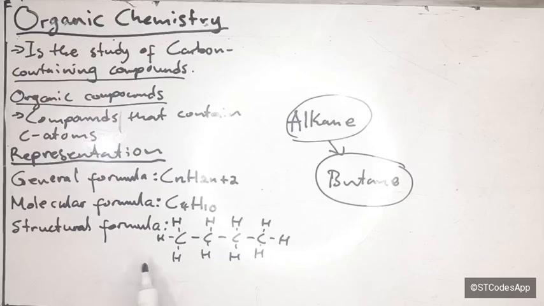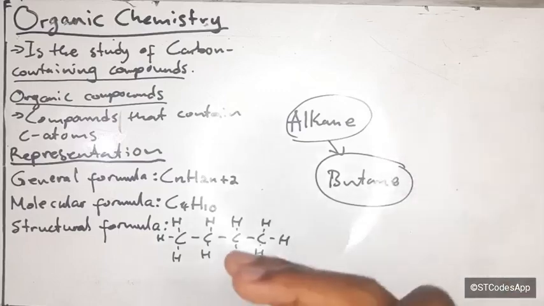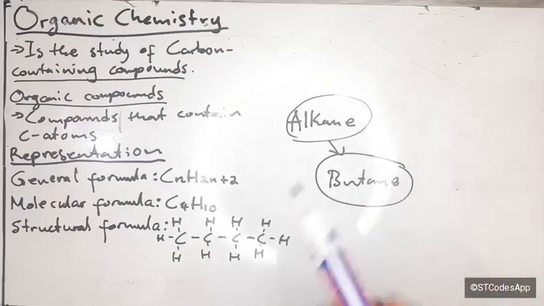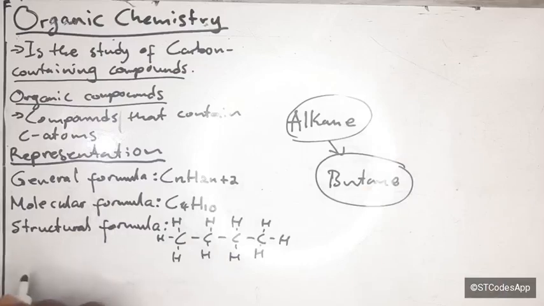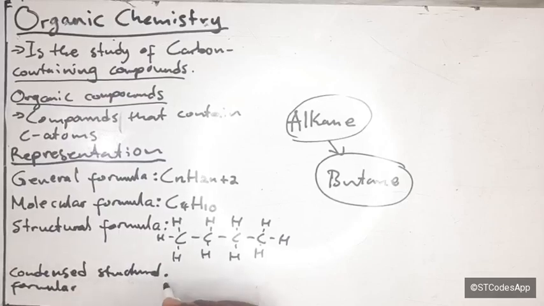This is the structural formula for butane. I know you guys don't know what an alkane or butane is, but the main thing of putting them is to show how each representation looks. Then there is again the condensed structural formula. This one will be for butane again.